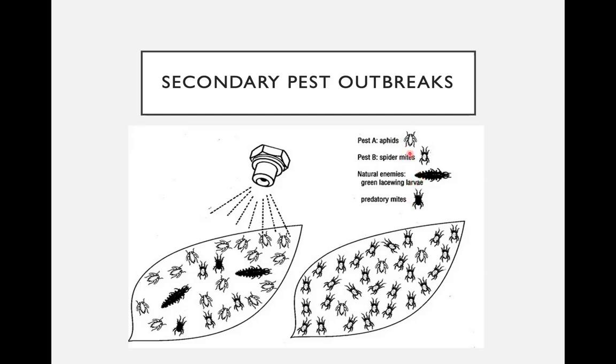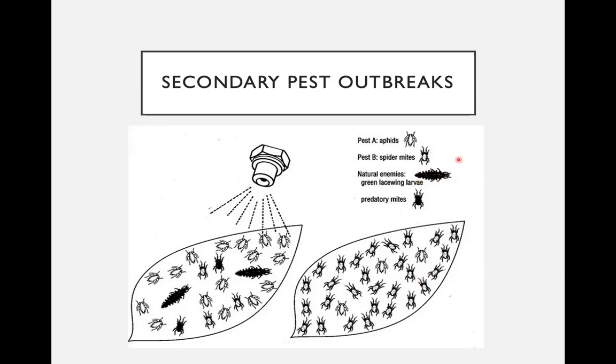So we have two pests, a major pest and a minor pest, and we have natural enemies: the lacewing that's taking care of the aphids, but not so great, so we're going to apply a pesticide for that. And then the mites, which happen to be taking care of the spider mites, but we're not really thinking about the consequences of spraying pesticide. So we apply the broad spectrum pesticide to this plant. We kill the aphids, the spider mites for the most part, and then both of the natural enemies.